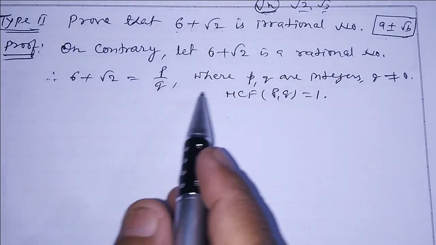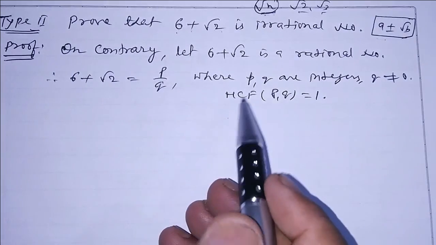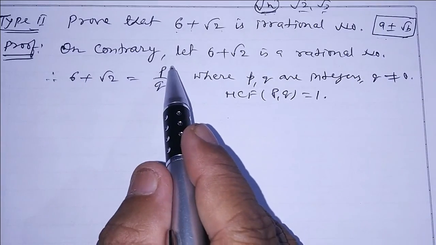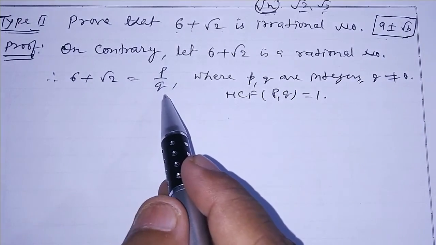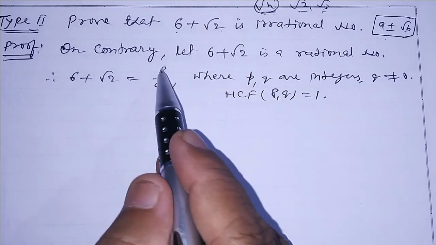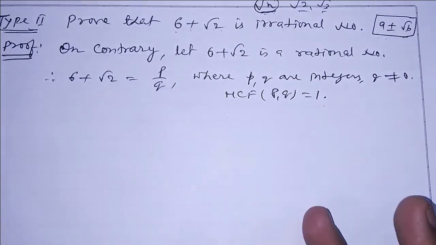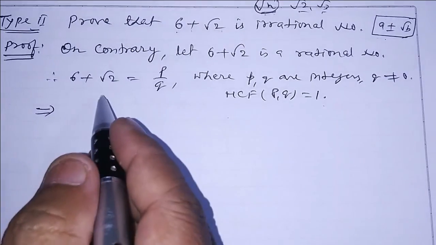This is the first step of the previous proof also. Whenever we take a rational number, it can be written in the form of p by q, where p and q must be integers and q should not be 0 because the denominator cannot be 0, and we always take the fraction in simplest form, so HCF of p and q is 1.